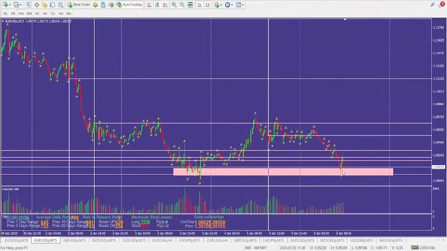So we'll be looking to buy here since price is testing the demand level over here on EURUSD. So buying is the course of the day today on EURUSD.